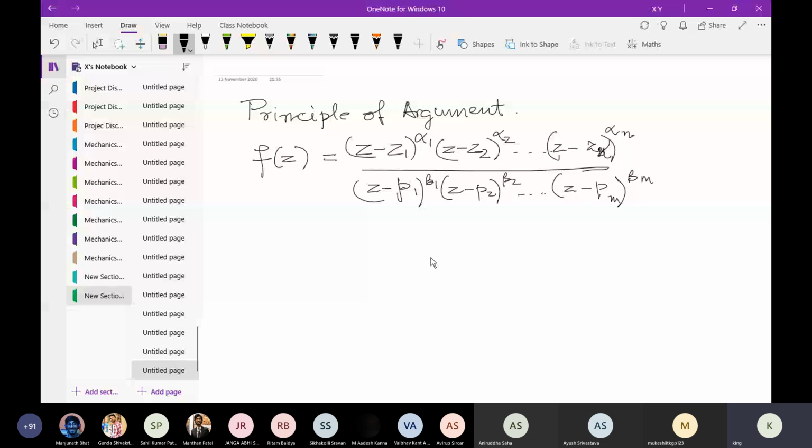So we are considering not only poles and zeros but also poles and zeros with multiplicity, multiplied by some F(z), where this poles and zero part is not there.